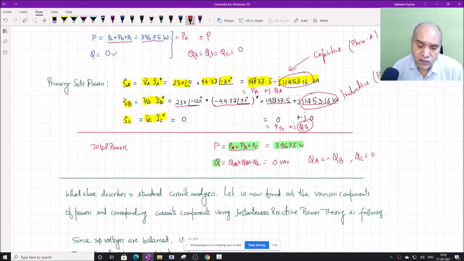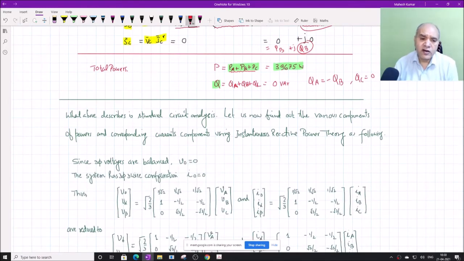If we resolve the primary currents into their active and reactive components using the power transformations based on instantaneous reactive power theory, do they match the standard definitions of the currents and the powers? So this is the question.